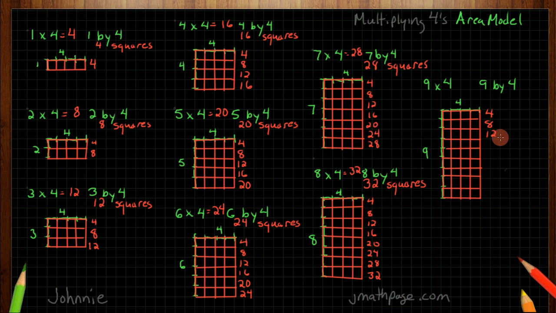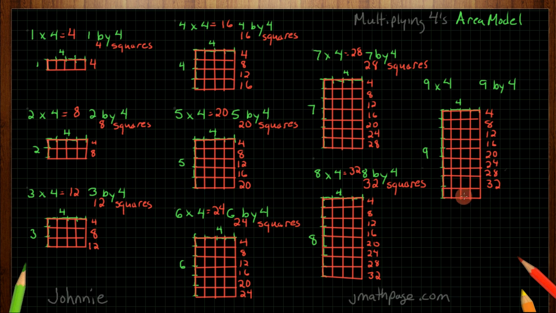The first 4 rows, 4, 8, 12, 16. The first 5 rows, 4, 8, 12, 16, and 20. The first 6 rows, 1, 2, 3, 4, 5, and 6, 24. The first 7 rows, 1, 2, 3, 4, 5, 6, 7, 28. And now the 8th one takes us to 32.